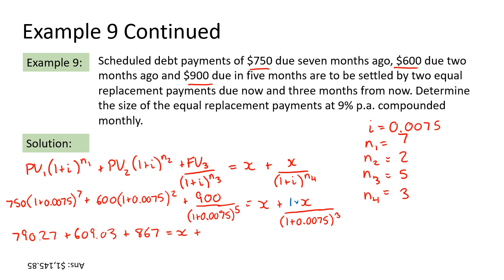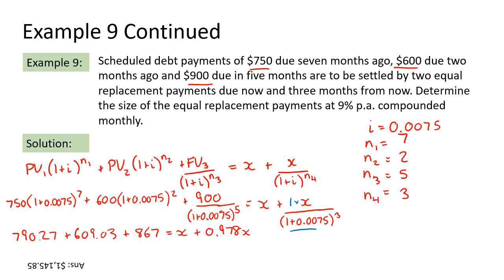So you can simplify that fraction. So that fraction becomes 1 divided by everything that's in this denominator, the 1 plus 0.0075, all raised to the exponent 3. So if you do that, right, you will get 0.978 multiplied by x.